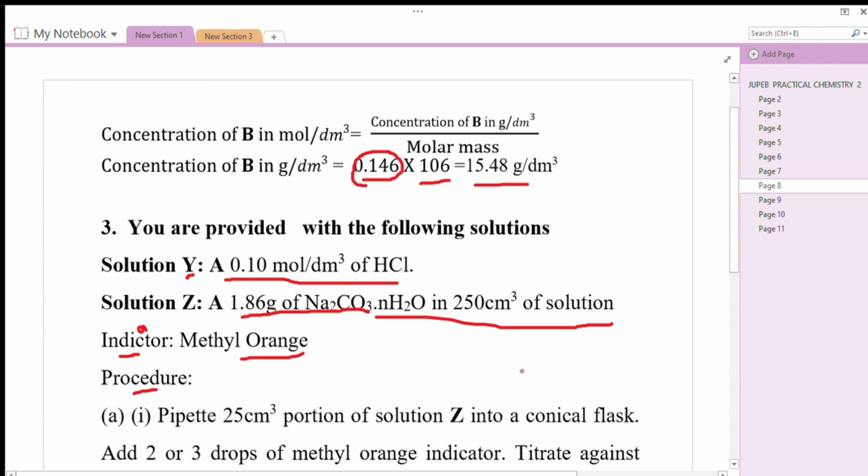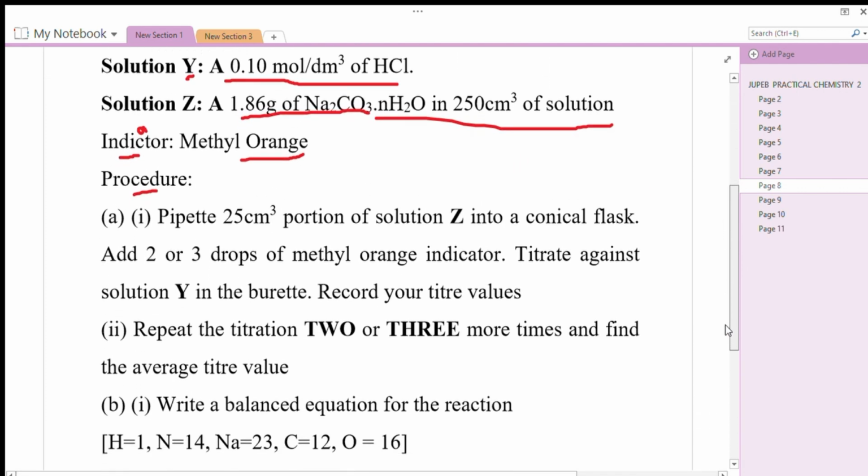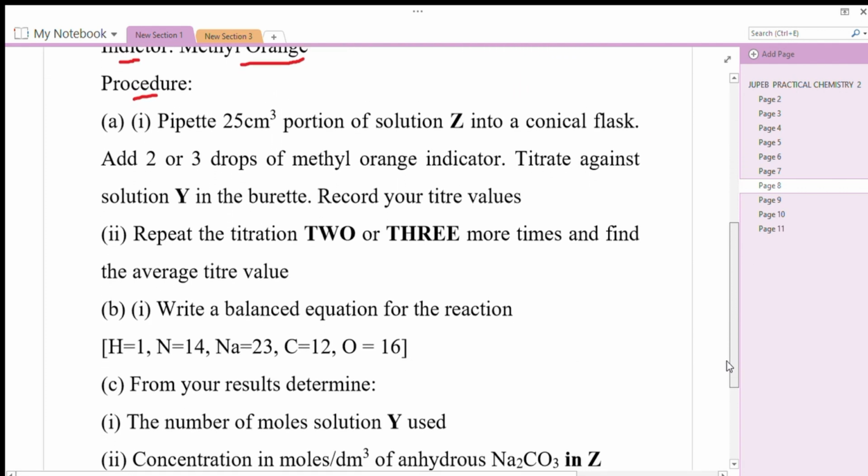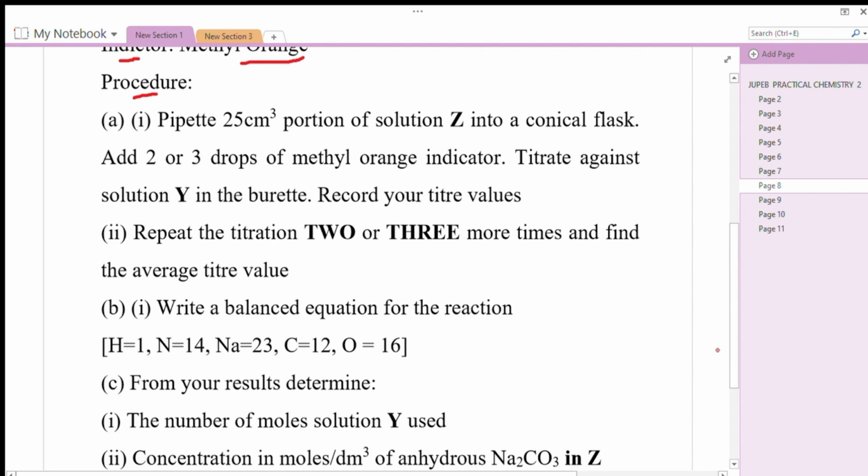So the procedure: pipette 25 cm³ portion of solution Z, that's the base, into a conical flask. Okay, this is our B. Remember, add 2 to 3 drops of methyl orange indicator. Titrate against solution A. That's our A, so don't be confused.